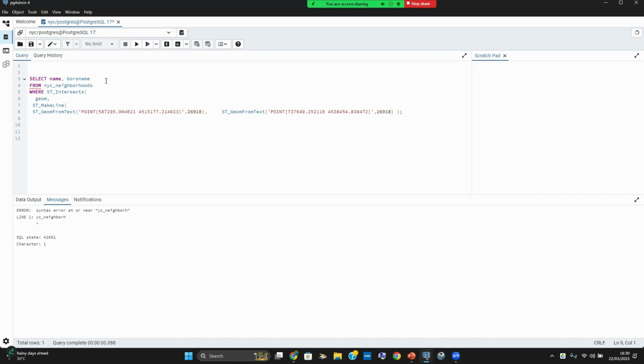So let me go over this quick. Select name, borough name, from New York neighborhoods, where it intersects geometry, this geometry here, from text point, this is here, this closes, this opens.